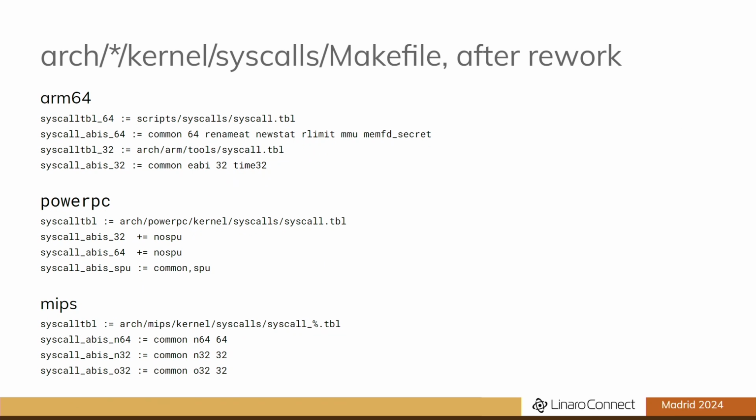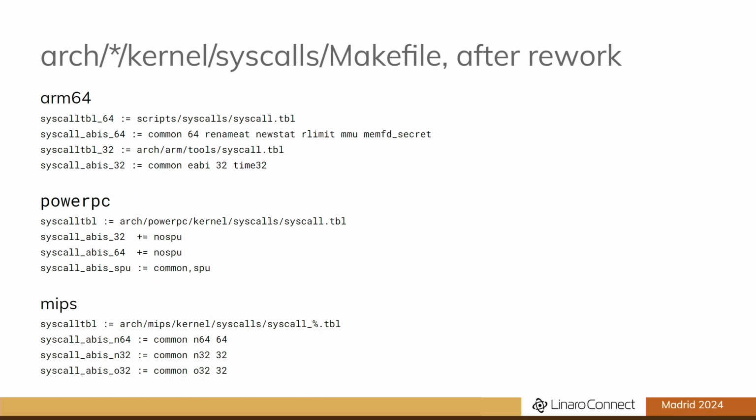You say the name of the table file per architecture, and for each ABI, for each output file, which of the ABIs are enabled. So PowerPC and MIPS each have 3 ABIs that they support. ARM64 has 2 ABIs. On MIPS, we have 3 input files. On PowerPC, we have 1 input file.